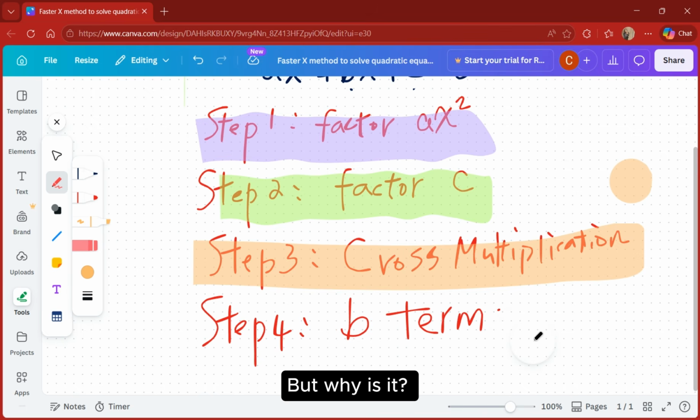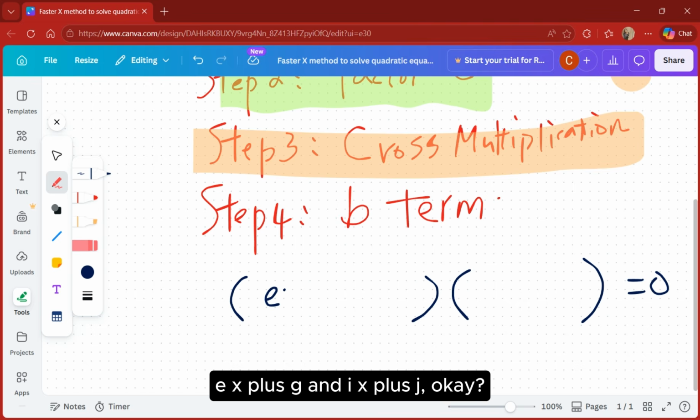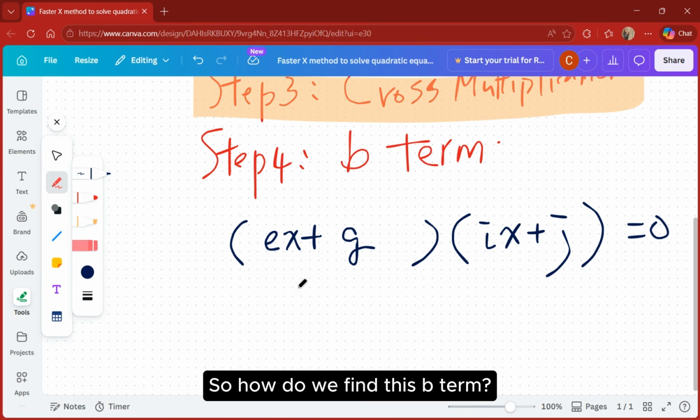But why is it? Remember the factor form. The factor form is always something like this equal to 0, right? ex plus g and ix plus j. So how do we find this b term?